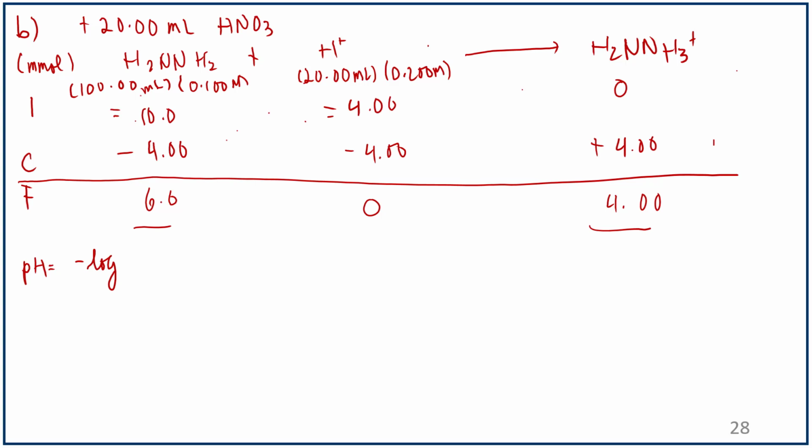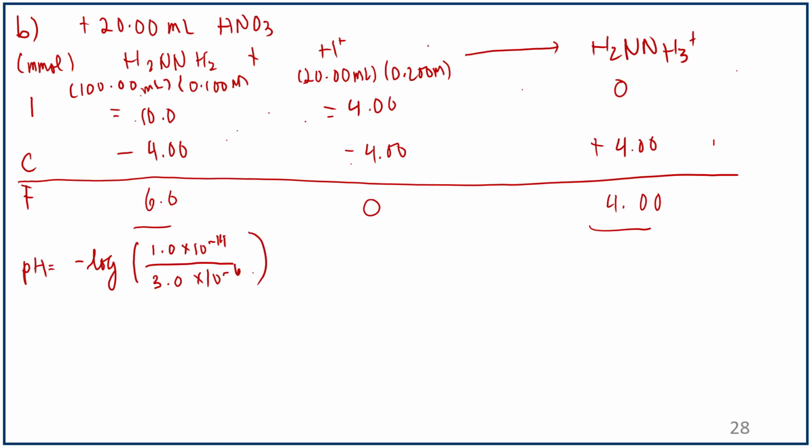However, we are given the value for the Kb of hydrazine. So therefore, this is just 1.0 times 10 to the negative 14, divided by 3.0 times 10 to the negative 6.